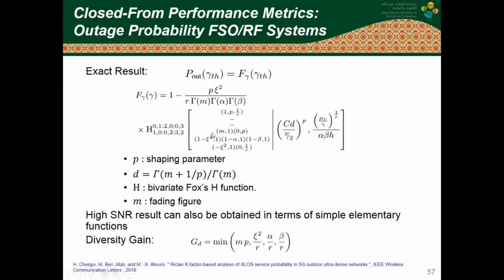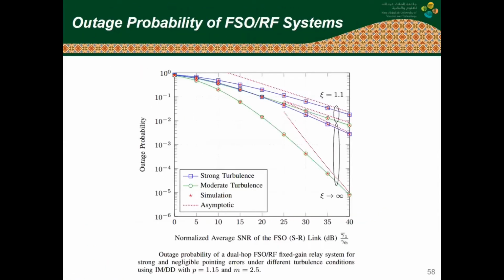But bottom line, we can express this outage probability in terms of these bivariate H functions, and we were able to plot these curves, again determining exact results that were validated by simulation. And we have also asymptotic results that were plotted to validate what happens at high SNR.